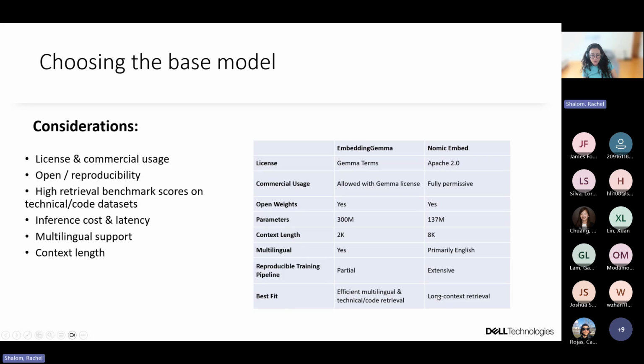And we decided, first of all, what's the best fit for Confluence? We decided we'll go with Nomic Embed because of a longer context. We wanted a longer context for that, and it was a pretty good model. And Gemma was very good with code retrieval, so we took Gemma for coding.